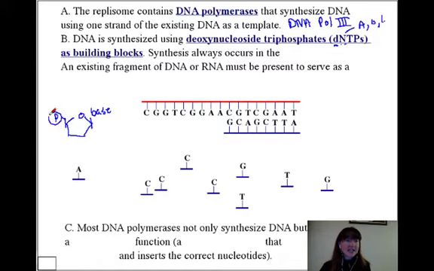In a dNTP, it is a triphosphate, so there are actually 3. I'm going to have to be a little creative here, fitting all 3 of these on. But there are 3 phosphoryl groups, and I'm not drawing all the chemistry on this dNTP.